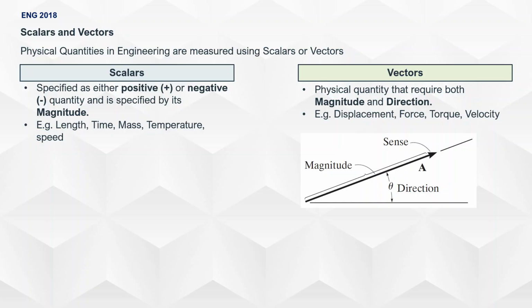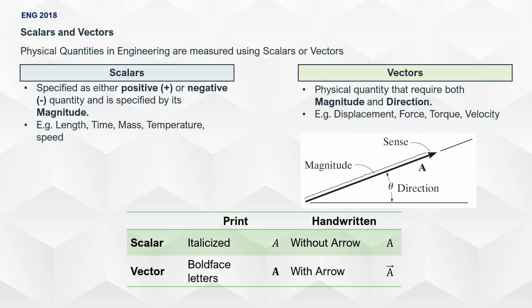Graphically, you'd see it as an arrow with a point of origin along its line of action. The length of the arrow indicates the magnitude, the tip represents the sense of direction, and the angle between the vector and the axis represents the direction of its line of action, based from a positive or whichever axis it represents. Okay?